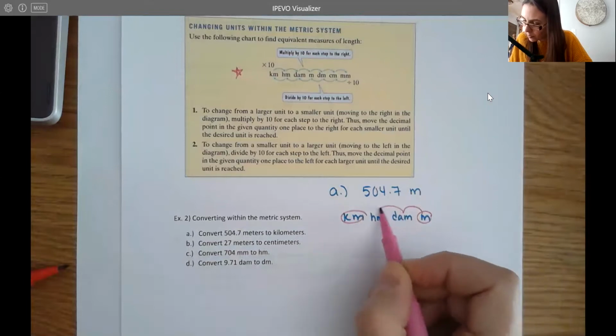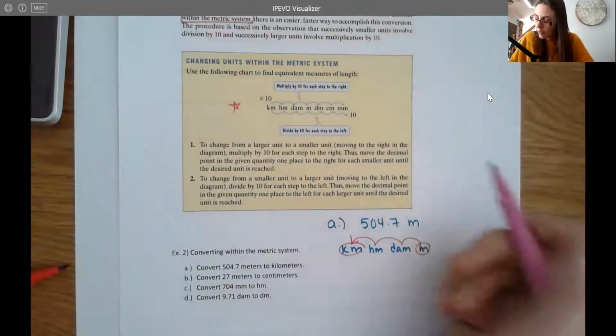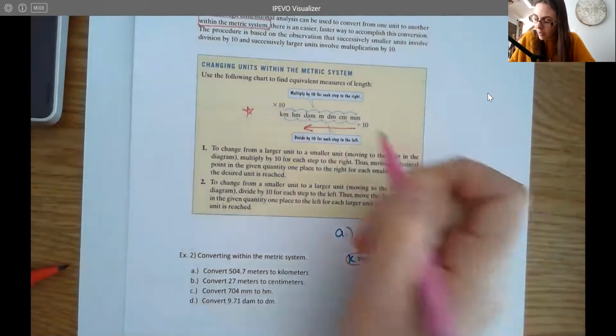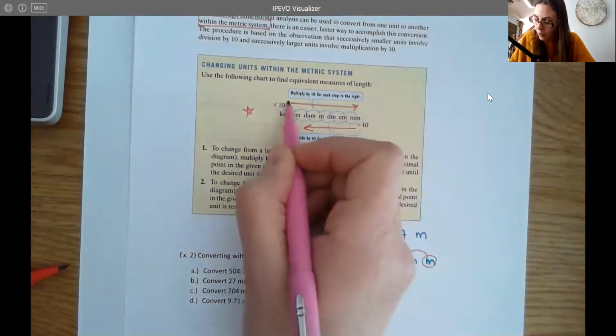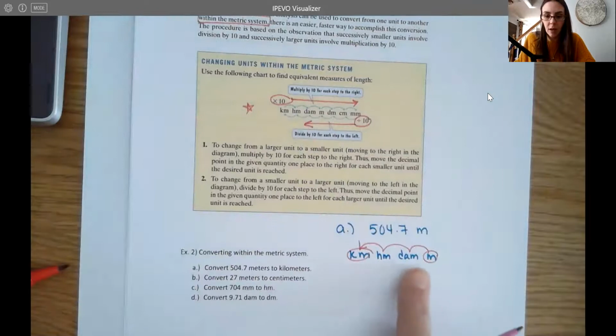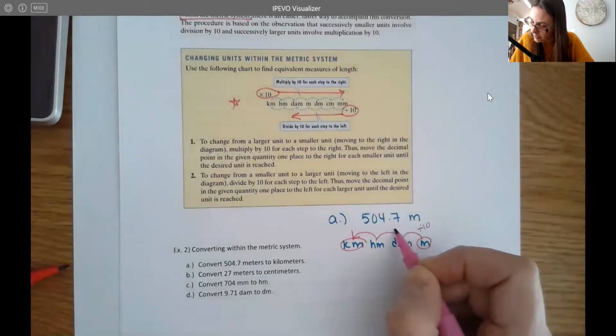I wrote it backwards, but think about your direction. Going this way, you're dividing, and going this way, you're multiplying. I'm moving left, so I'm going to be dividing. Each of these is a division by 10.